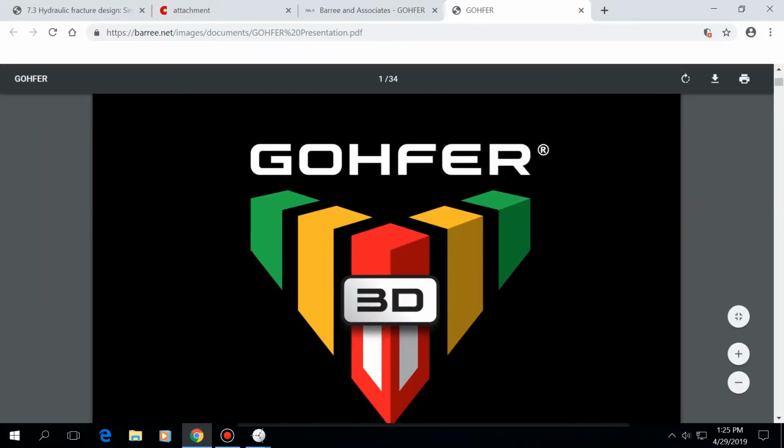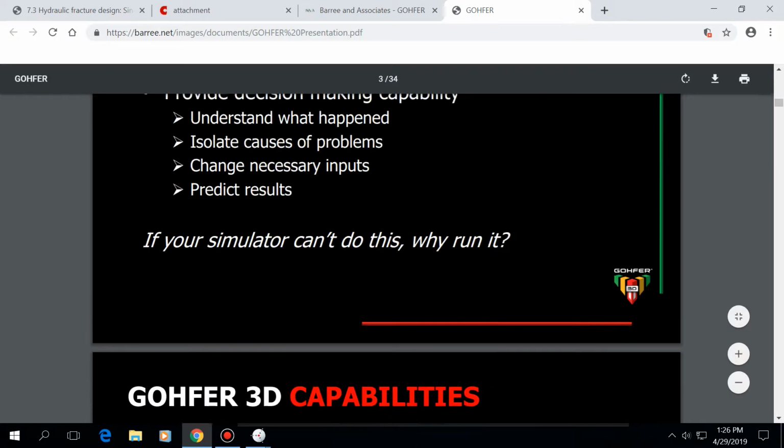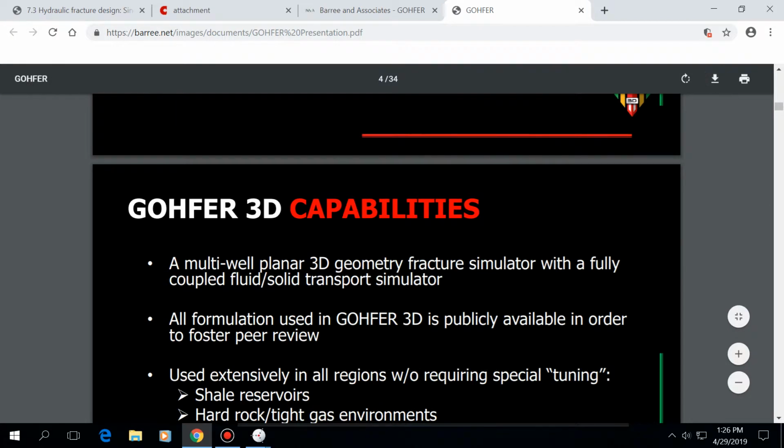Here you will see some examples of these geometries. Okay, let me download this. It's really easier.